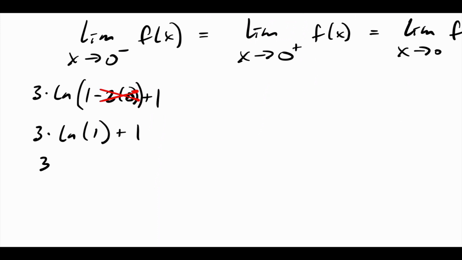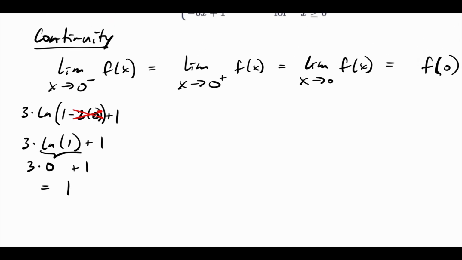So we get 3 times 0 plus 1, which equals positive 1. So the limit as x approaches 0 from the left for f of x is 1. Okay. Now let's go from the right.